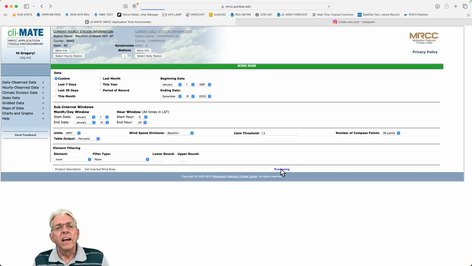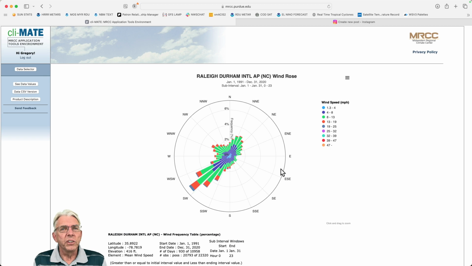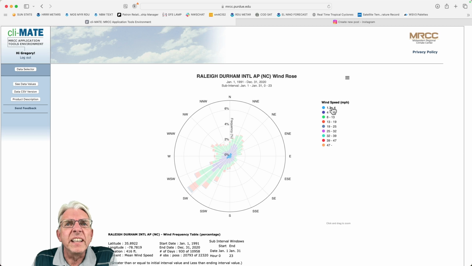There we go. And again, this is going to give us a graphical output as to what happens at the RDU airport, okay? So here it is. And over here, you see a legend, and this represents the wind speed. So the first one is 1.3 to 4, and notice that it highlights that area over here. Then you have 4 to 8, 8 to 13, 13 to 19, all the way up to 47 plus, and there's none of those on here.